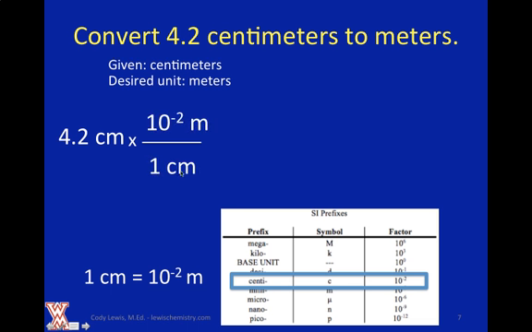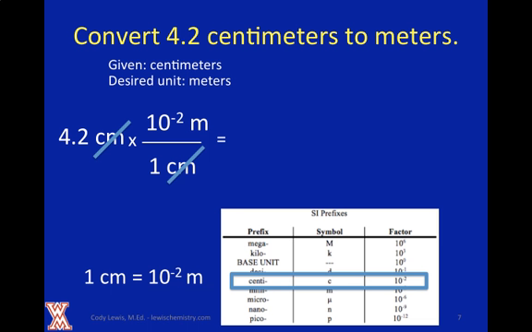Now remember, the prefix centi, any of these prefixes, mega, kilo, deci, centi, milli, micro, nano, pico, they always get a 1. Whatever that prefix's meaning, or exponential factor, goes by the base unit. Alright, so centimeters will now cancel. We're left with meters, and all we do is put it in our calculator.